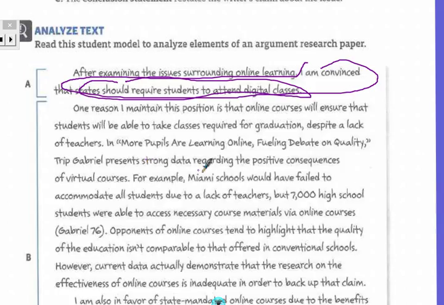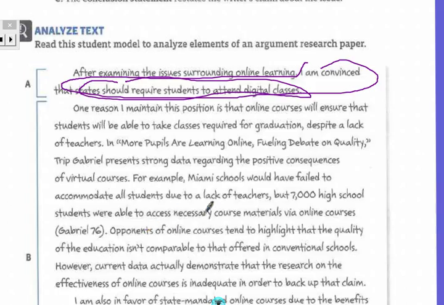For example, Miami schools would have failed to accommodate all students due to a lack of teachers, but 7,000 high school students were able to access necessary course materials through online courses. From Gabriel, page 76.